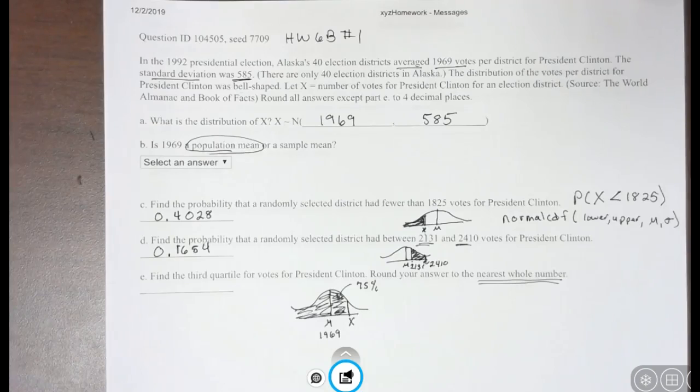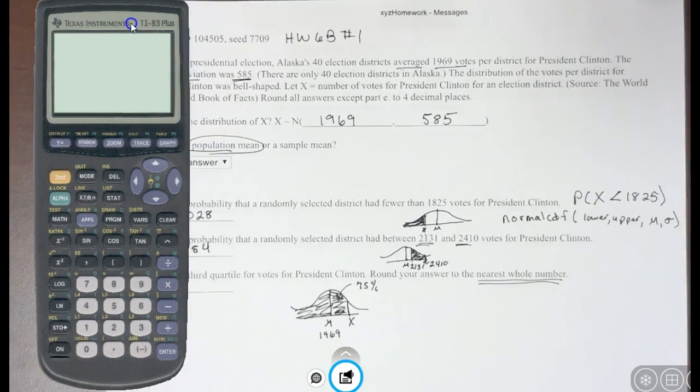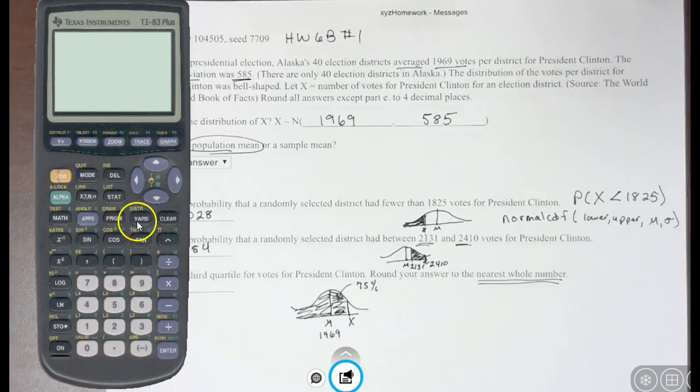Okay, so this time I'm going to do an inverse normal. Let me bring my calculator back here. All right, so I go to second vars, and you notice it says invNorm. I'll go down to number 3, hit enter, and it brings up a parenthesis for invNorm.